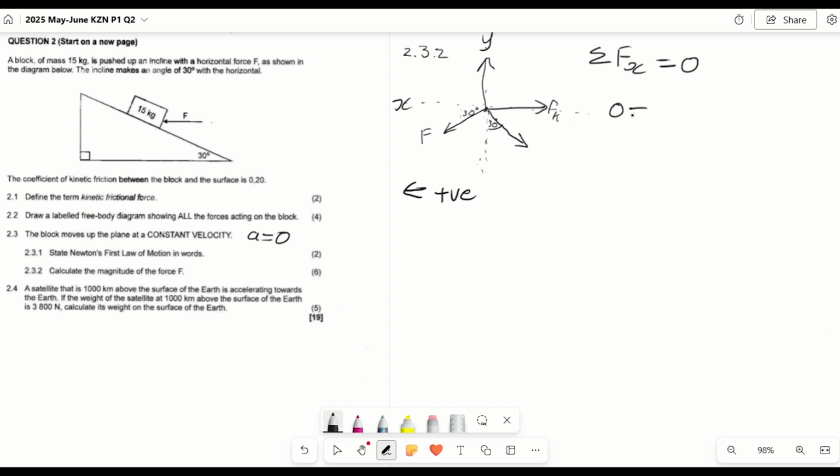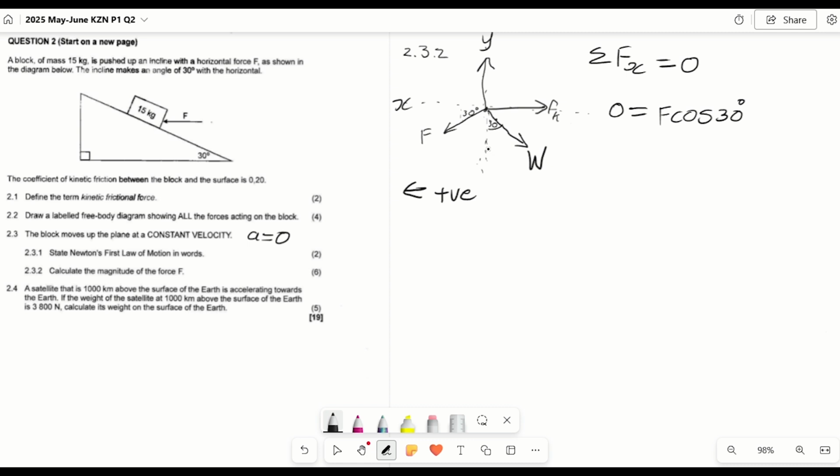Therefore, 0 equals, let's start with, we said left is positive, so let's start with the x component of this F. We'll use cos to get the x component. So F cos 30 degrees. And then what do we have here? We have weight, right?